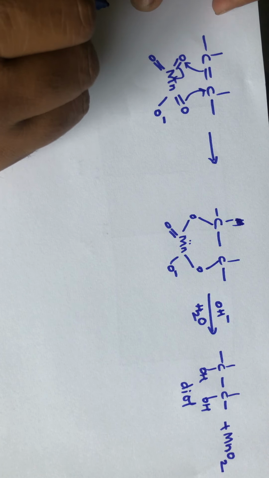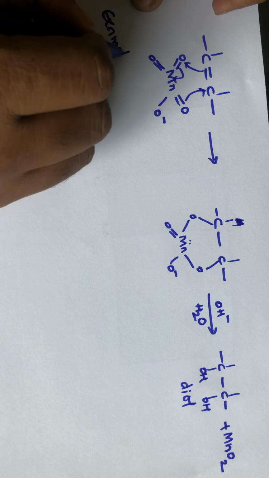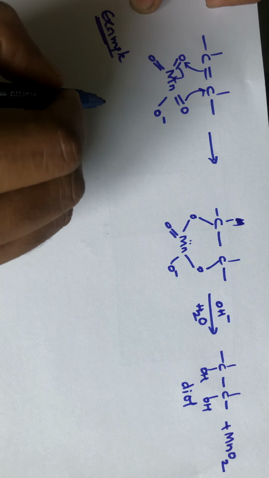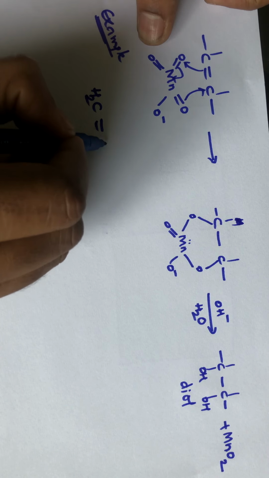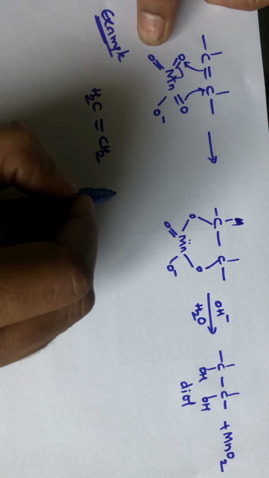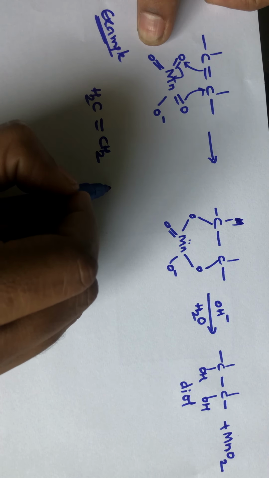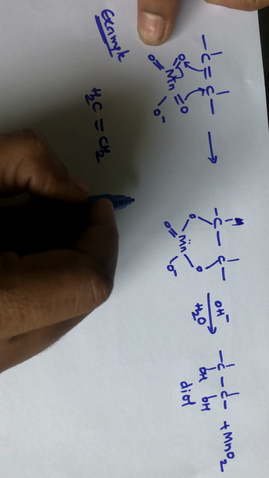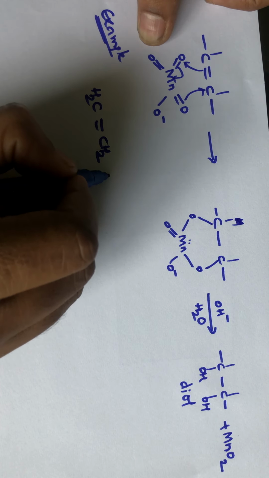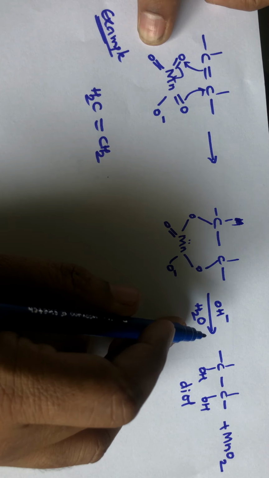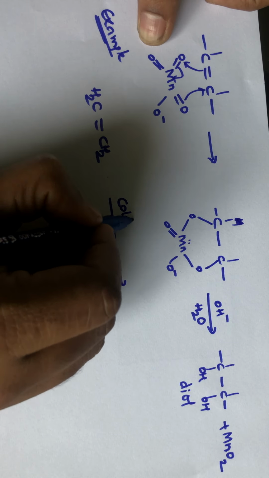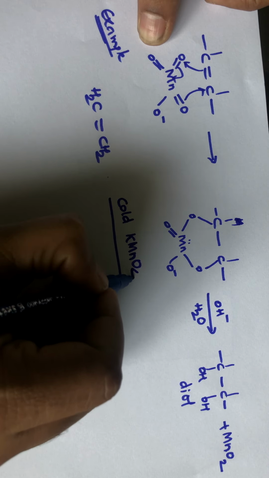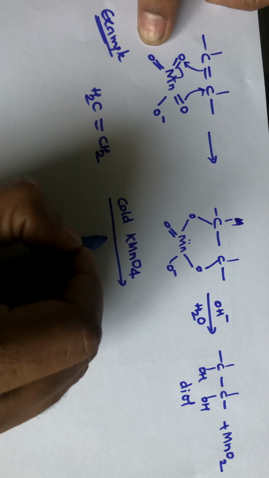Now let's take a specific example. CH2 double bond CH2 undergoes oxidation in presence of cold KMnO4 and OH minus.